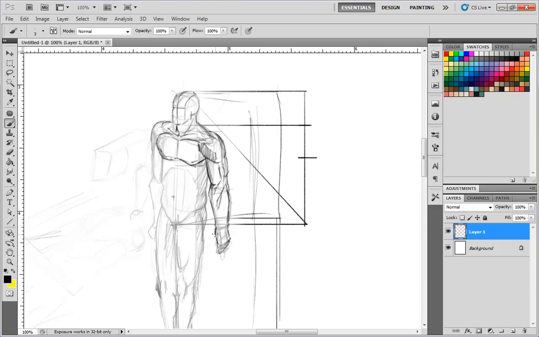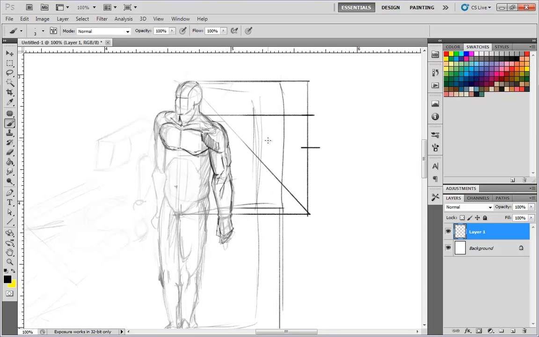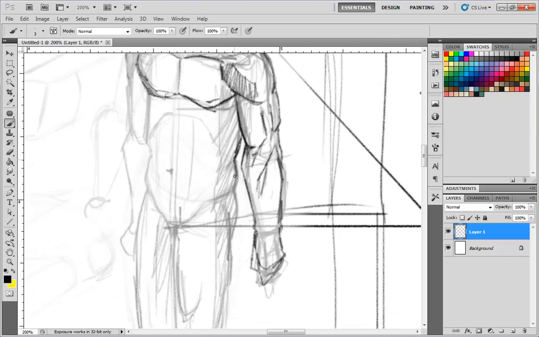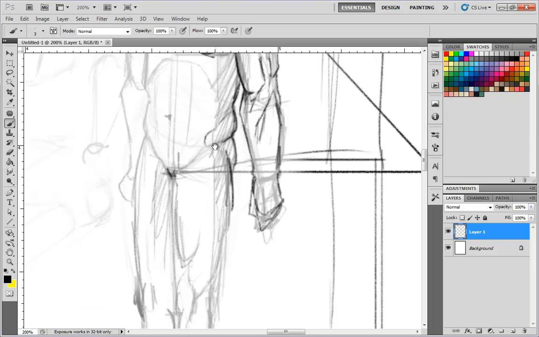So as you come in, you can refine this sketch. I want to maybe make that a little bit lower like that.